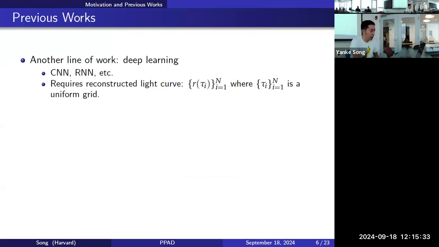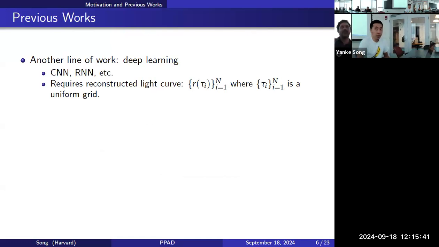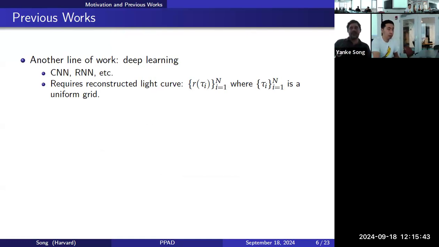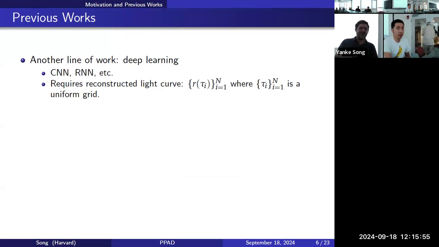Another line of work doesn't create the features by hand. Instead, it uses deep learning to create representations. Maybe I would interrupt to say, when you say by hand, what you actually mean is some sort of forward modeling approach that has taken the event files as an input and produced some derived quantities. For example, the variabilities are obtained from the Gregory-Loredo algorithm.